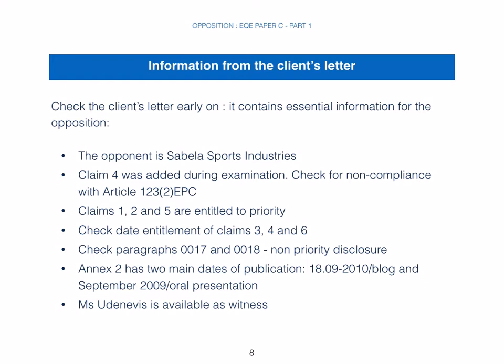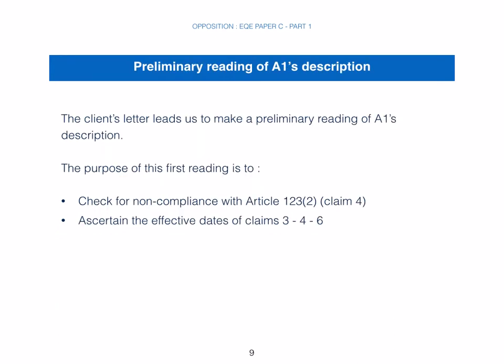Now, we need to follow up on the client's letter, and this is going to involve a preliminary reading of A1's description. The purpose of the first reading of A1's description is going to be to check for non-compliance with Article 123(2) for claim 4, and to ascertain the effective dates of claims 3, 4, and 6.